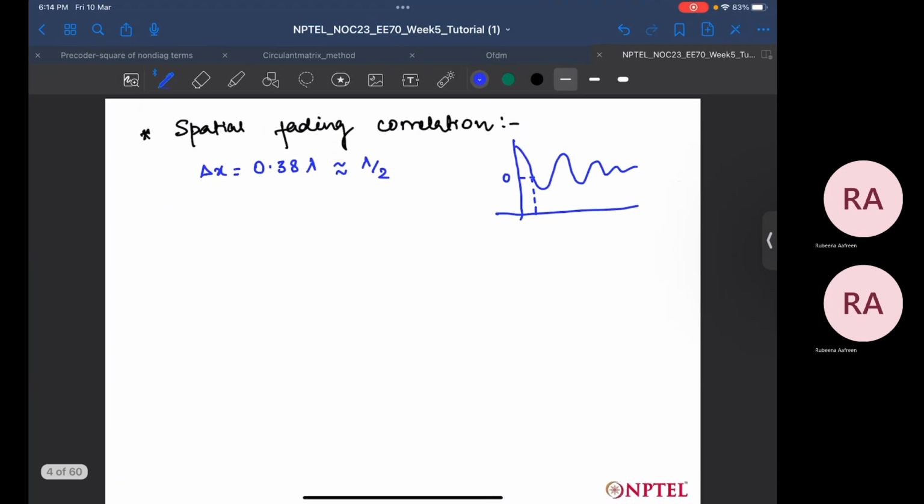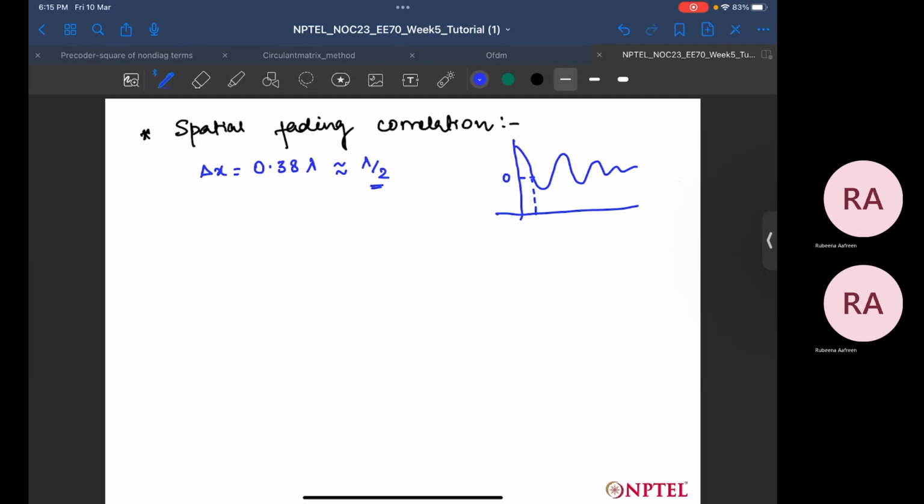So what happens is that if antennas are separated by a distance more than 0.5 times lambda, then there is no correlation between the two received signals; they are perfectly uncorrelated. But if the antennas are separated by a distance less than this d, then there will be correlation.